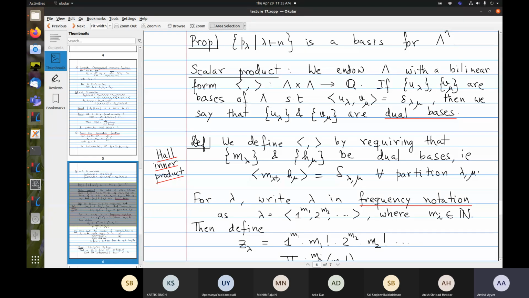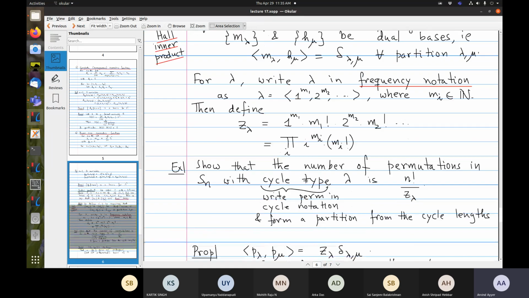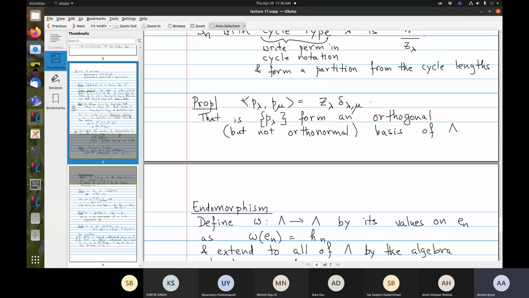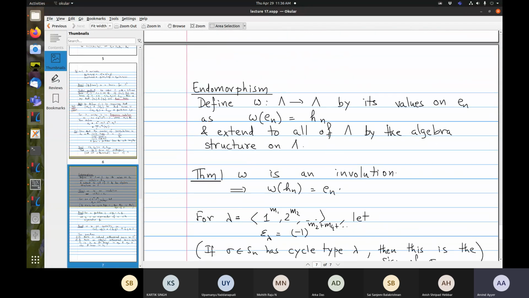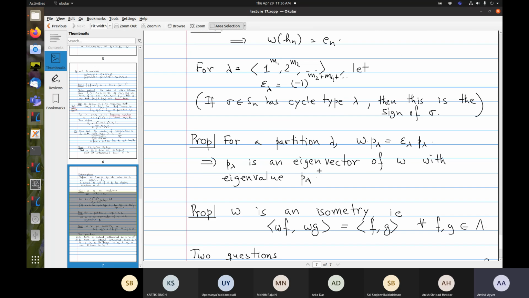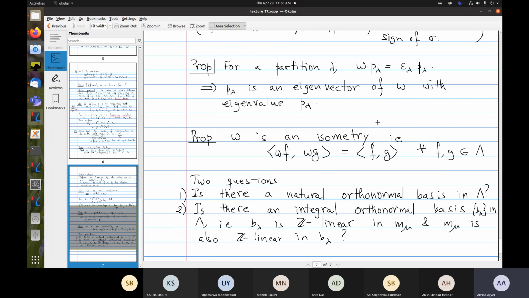In this scalar product, the definition is that the monomials and the homogeneous symmetric functions are dual, and in that case the power sum symmetric functions are orthogonal but not orthonormal bases. And we define this endomorphism omega, which takes the elementary symmetric functions to the homogeneous, or complete, symmetric functions, and it turns out that it's an involution, and it acts nicely on the power sums.